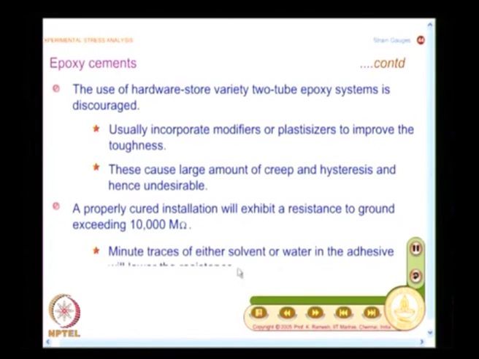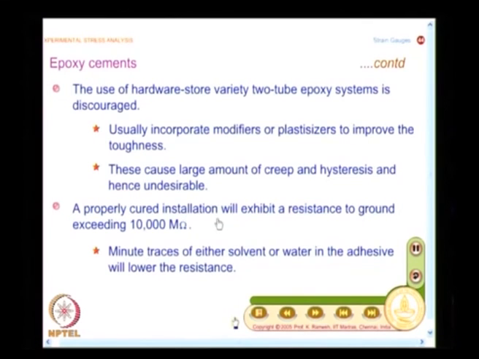And how do you ensure that the installation is properly cured? Because after installing the strain gauge, you must verify before you go for strain measurement whether the installation has been successful.